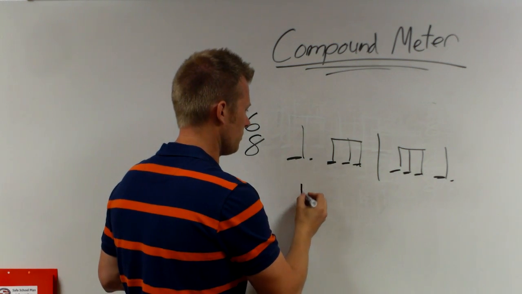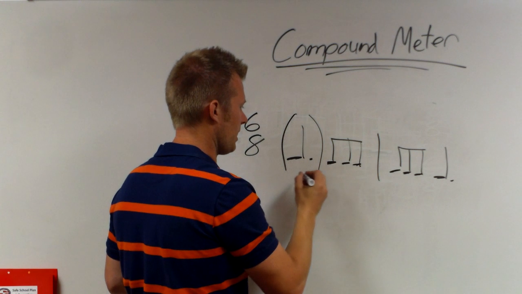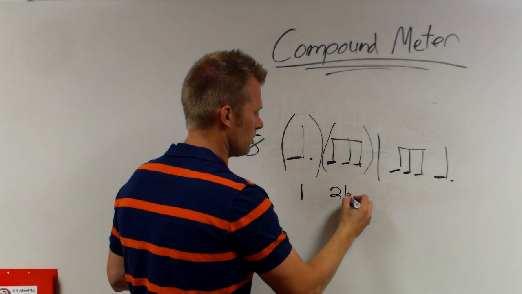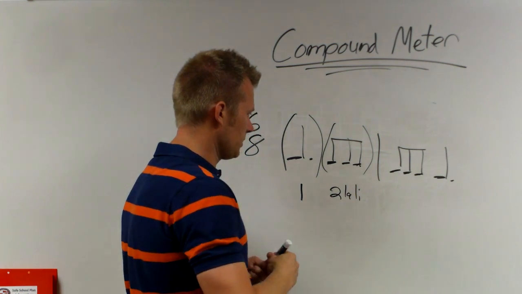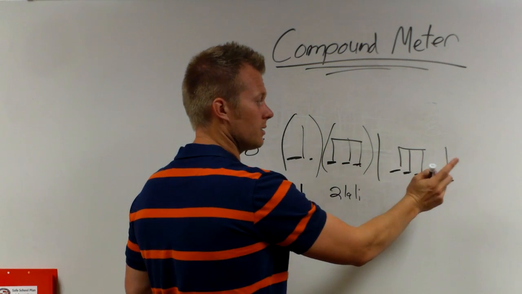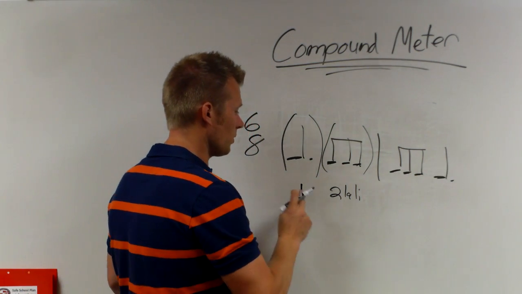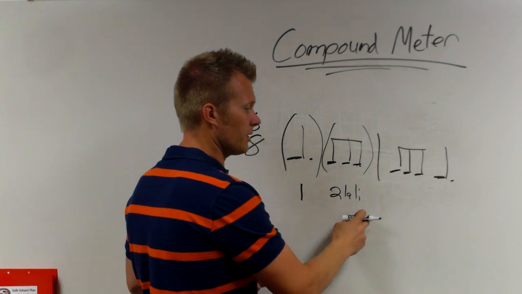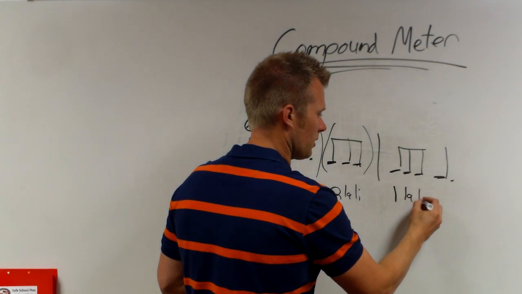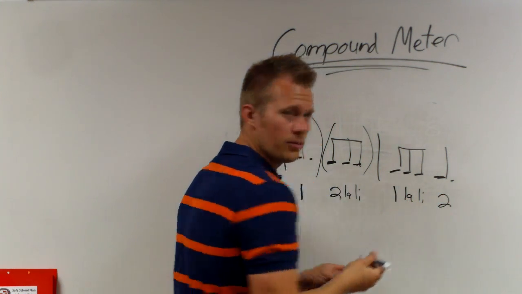I'll kind of bracket that. Beat 2 is right here, and this is going to be 2 la li. So you're going to think 1 lolly, 2 lolly, 1 lolly, 2. Okay? So 1, 2 lolly, and then 1 la li, 2.